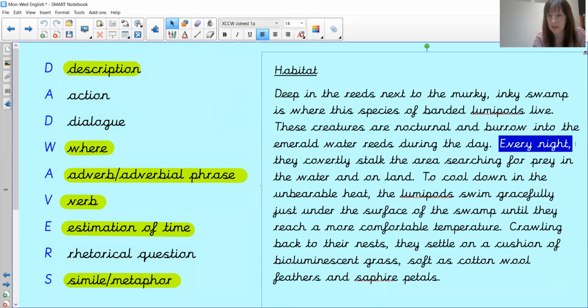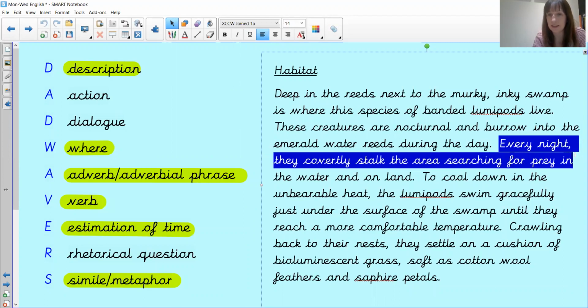Here it is. Every night they covertly stalk the area. Now, covertly means sort of slyly, sneakily, without a noise, without anyone knowing. And stalk is where you're sort of following and looking, and they're chasing their prey.